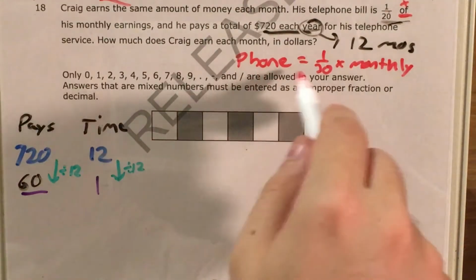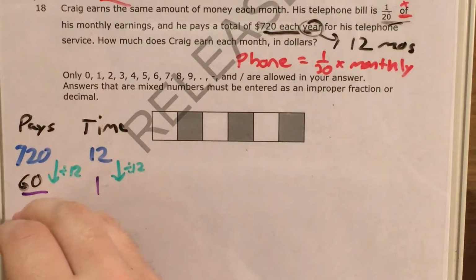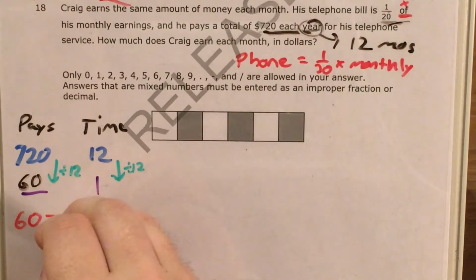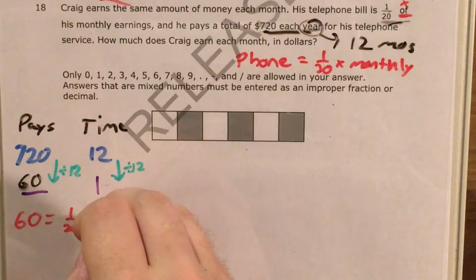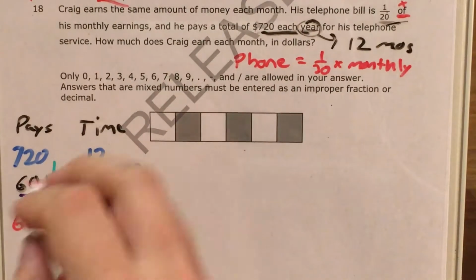And now I'm going to fill in some of the information I have and bring this all down here. I know that he's paying 60 for his phone, and that equals 1/20th times his monthly earnings.